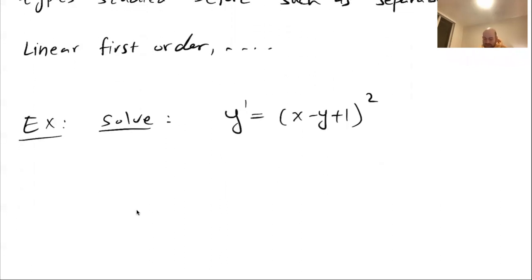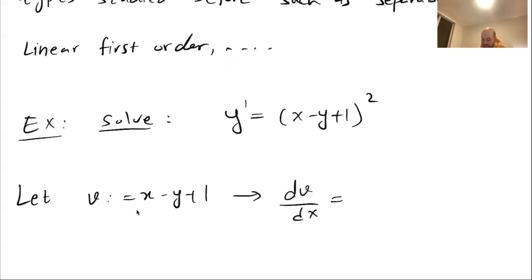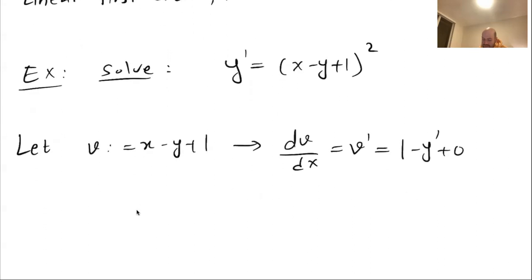So let's say, let v equals x minus y plus 1. Then dv over dx will be v prime. The derivative of x is 1, minus y prime, plus 0, since the derivative of 1 is 0, which is 1 minus y prime.